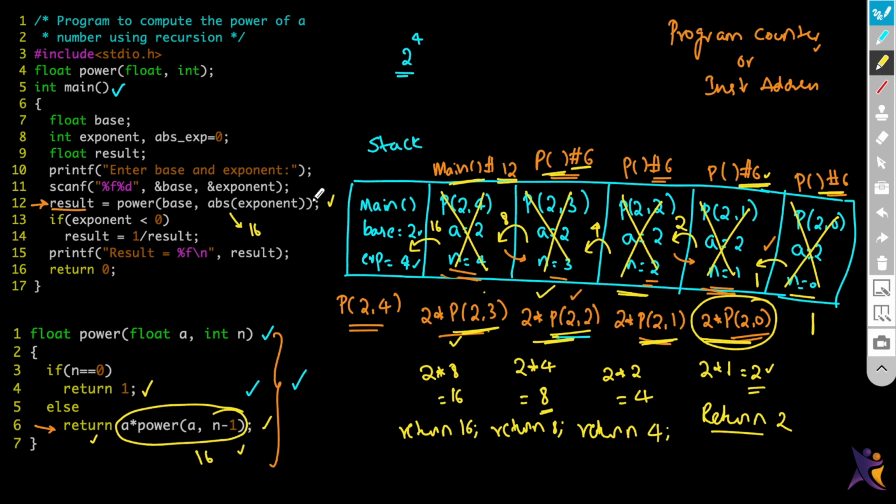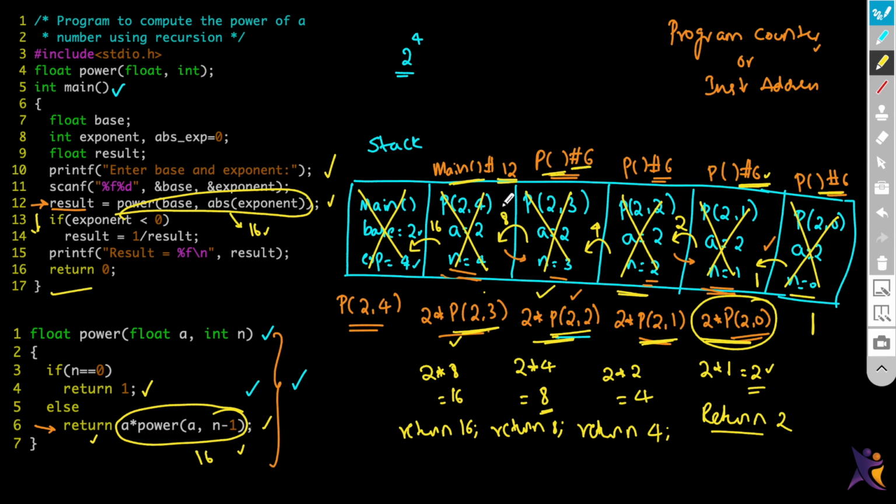So this expression will be replaced with 16 and is assigned to result, right? After assigning 16 to the result, the compiler continues executing with the rest of the statements in the main function. Once the main function is also done executing, this activation record will also be popped off from the stack.